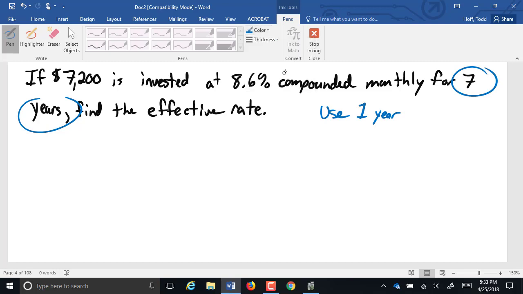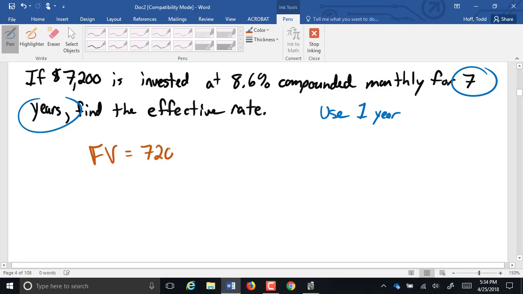So what that means is we're going to find our future value. It's going to be the 7,200 times, in our parentheses, 1 plus 8.6% as a rate is 0.086, divided by 12, because compounded monthly means 12 times a year.